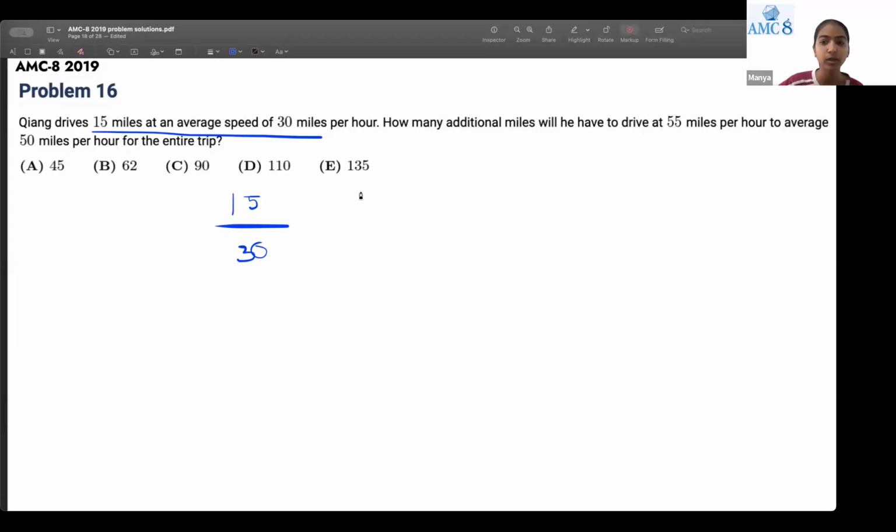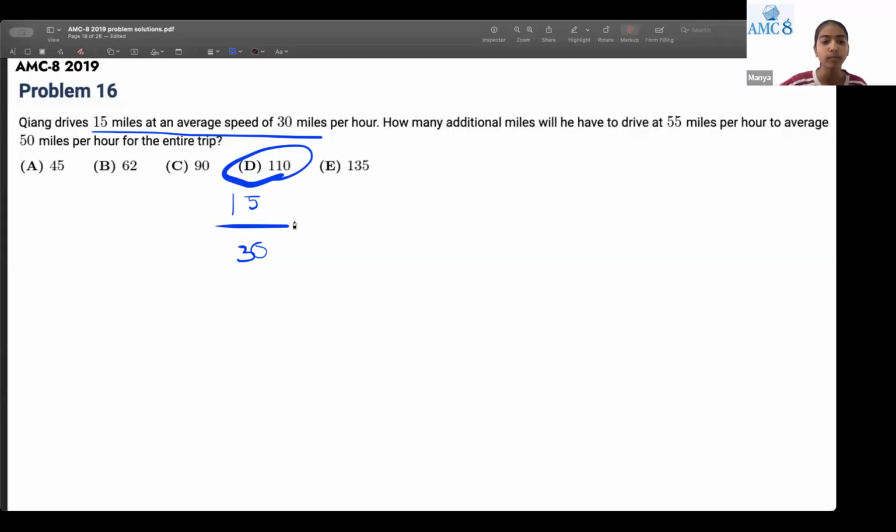The only multiple of 55 in the answer choices is 110, so that would be our answer. We automatically know that D is our answer because, once again, 110 is the only multiple of 55 in this case. But let's not depend on the answer choices and let's try to solve this on our own.